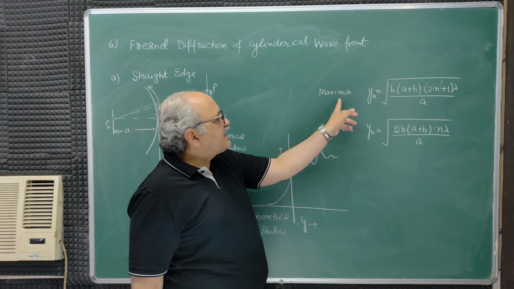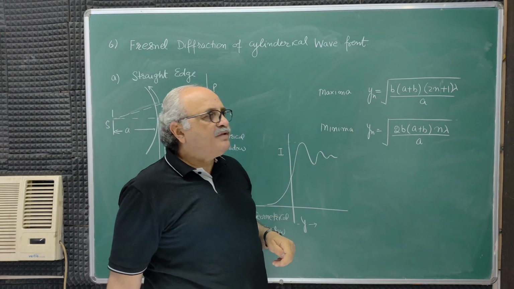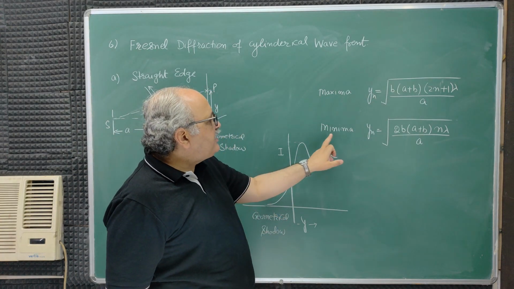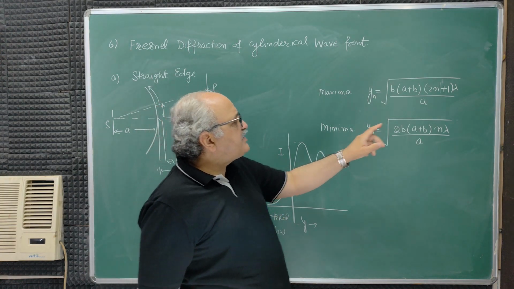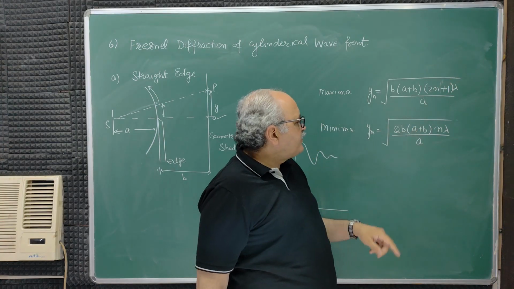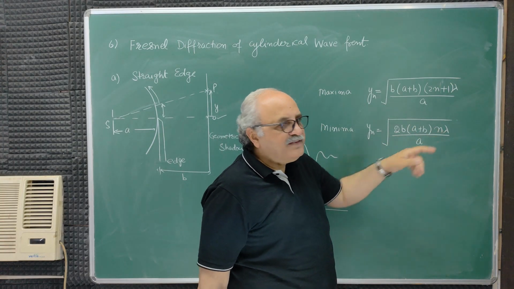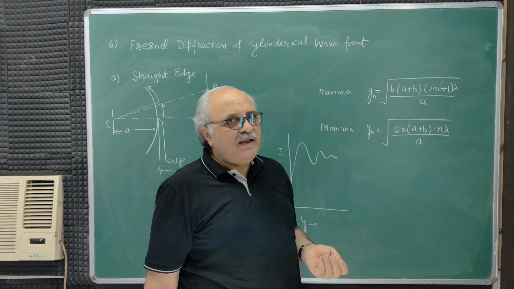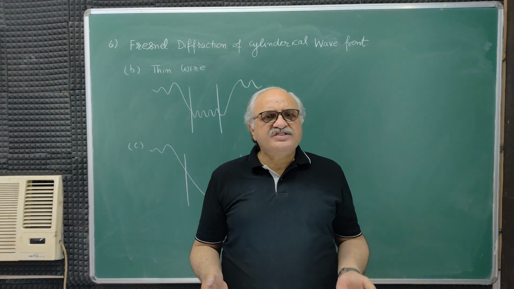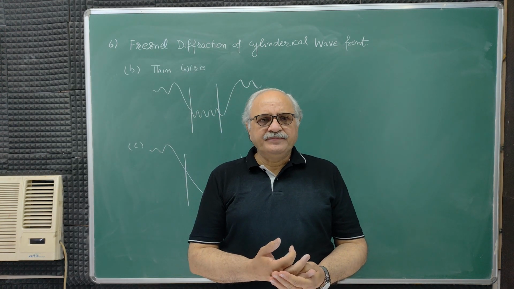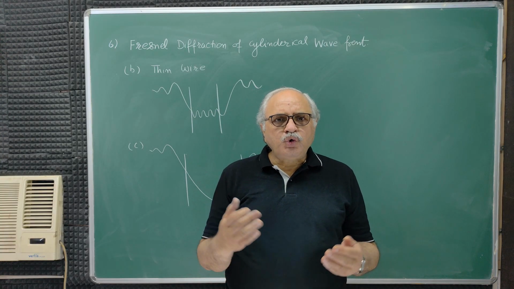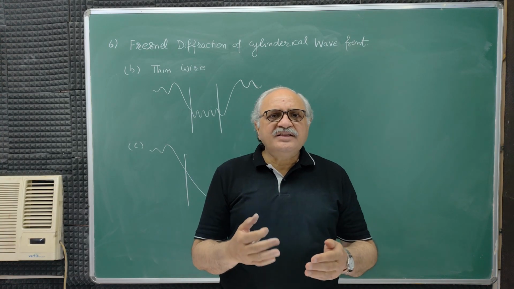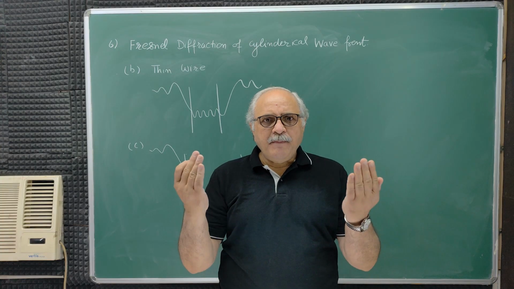The maxima occur at the position given by this formula, and minima occur when it is given by this formula. This is basically an odd multiple of lambda for maxima, and an even multiple of lambda for minima. When Fresnel diffraction is done with a thin wire, you can treat it as if we have two regions other than the shadow region combined together.